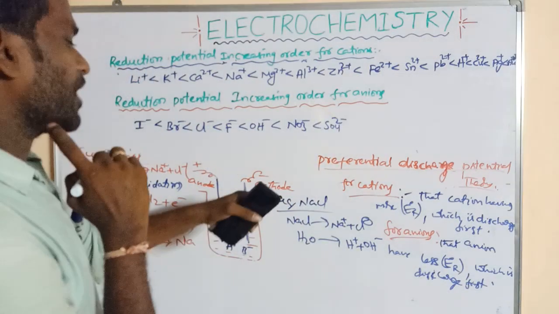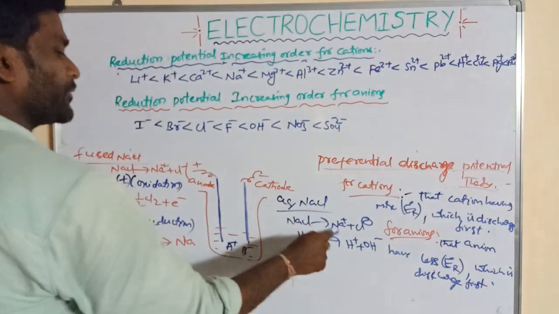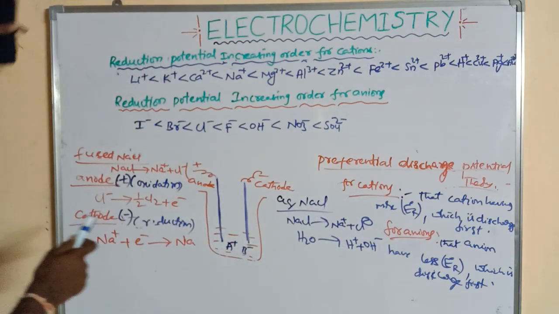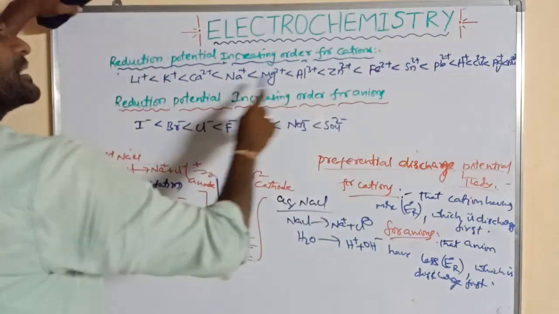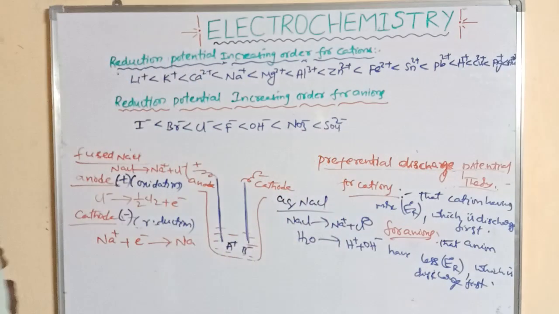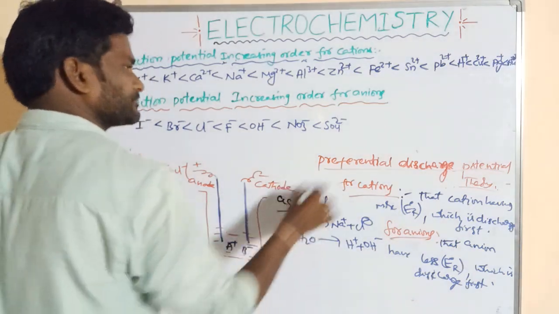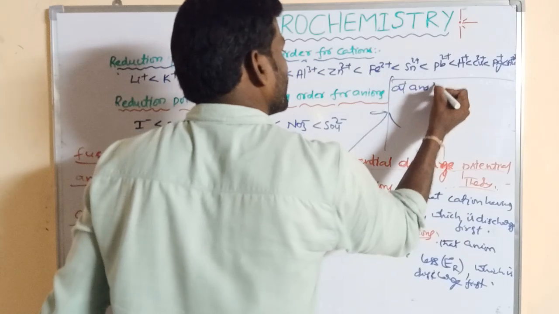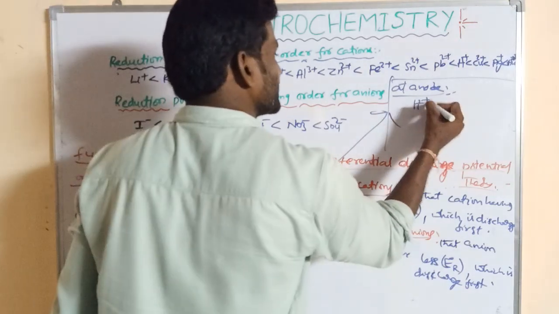If we take aqueous NaCl, two cations are there, Na plus and H plus. H plus has more reduction potential, so H plus is discharged first.